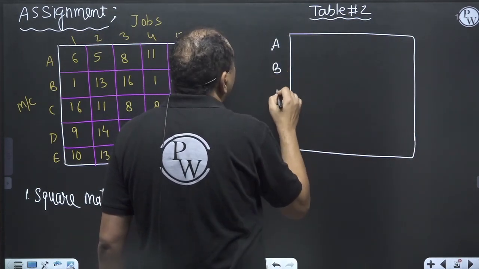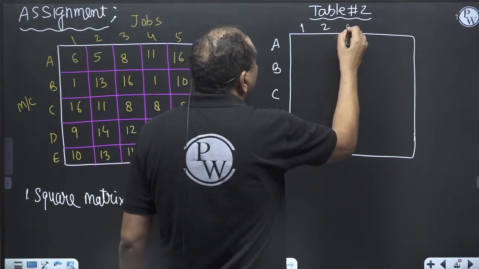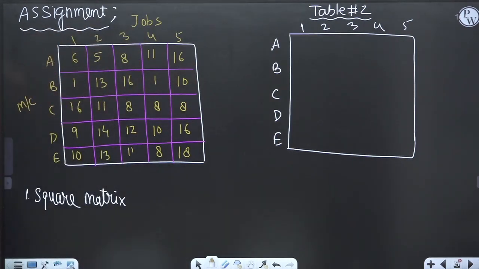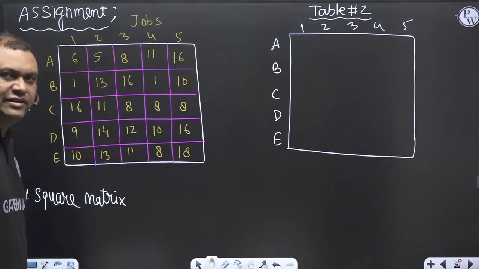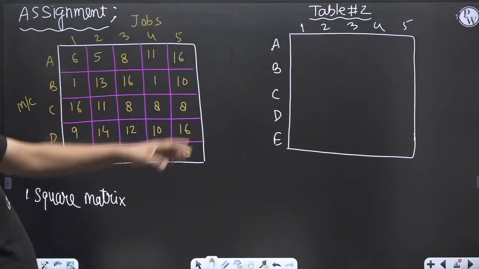A, B, C, D, E, 1, 2, 3, 4, 5. So I am beginning the iterations. Look carefully at how I am doing the iterations.